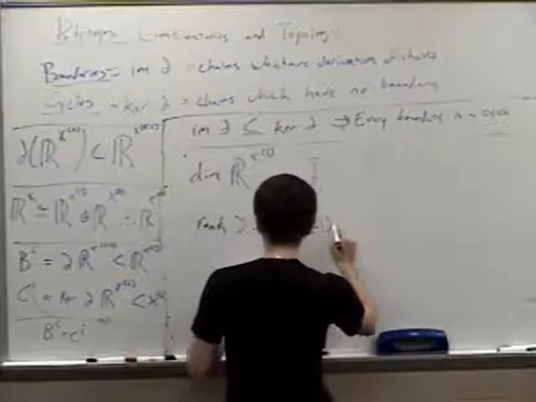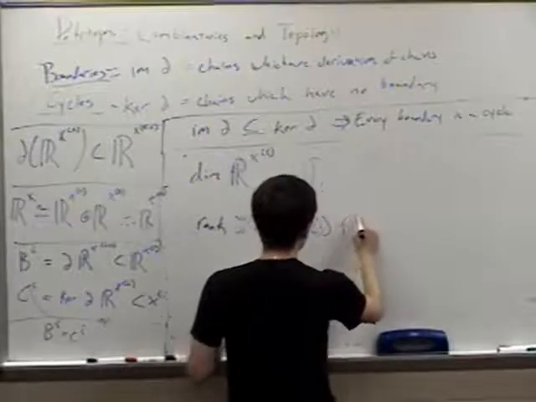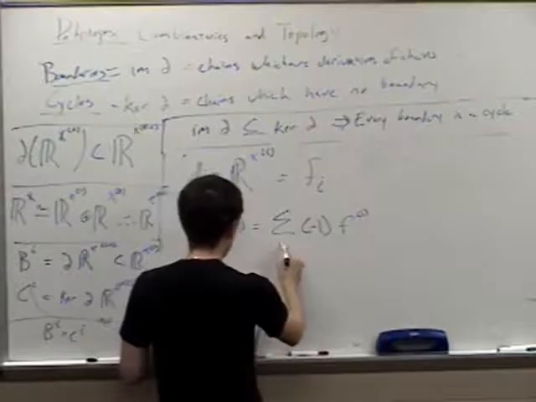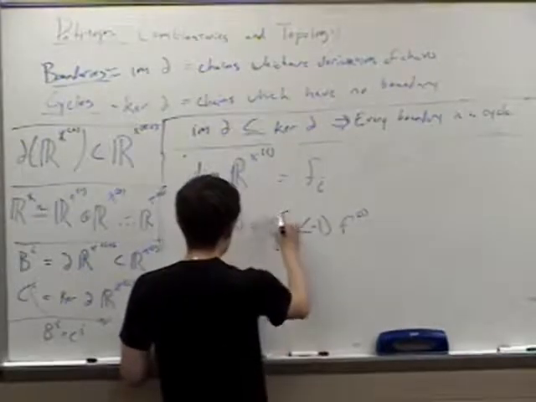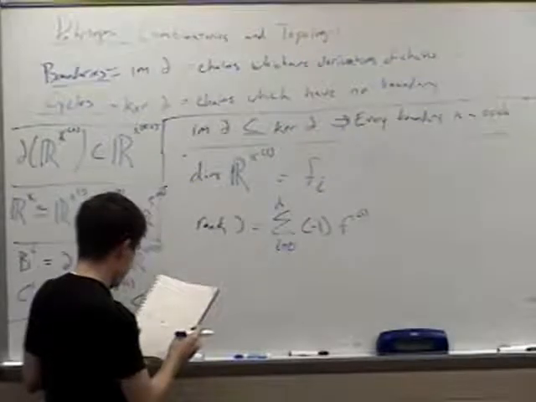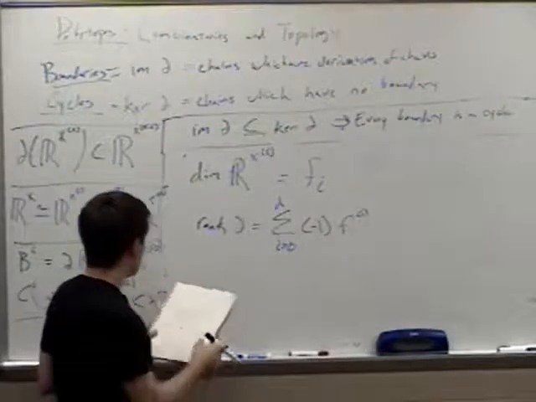So this is basically going to be the sum of all of these f_i's times (-1)^i. I hope I didn't make a mistake here. Okay, I think that's correct.